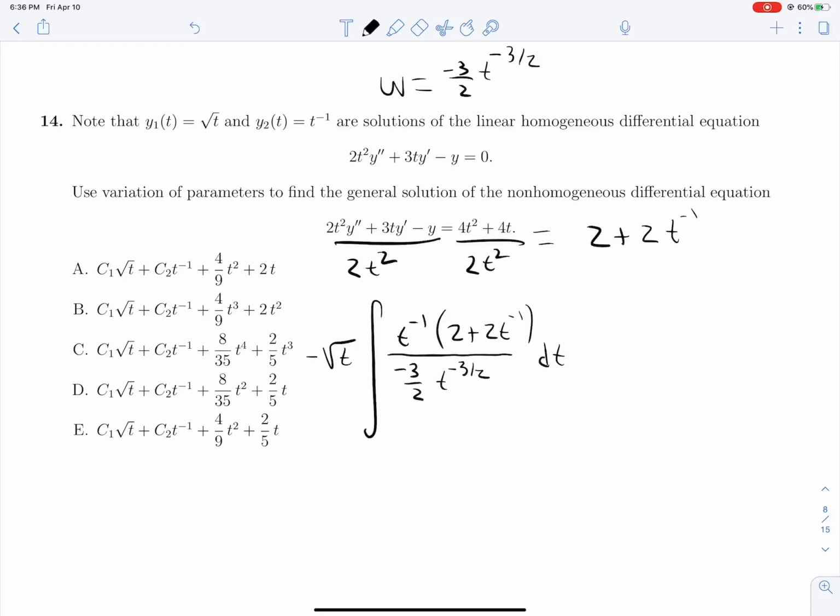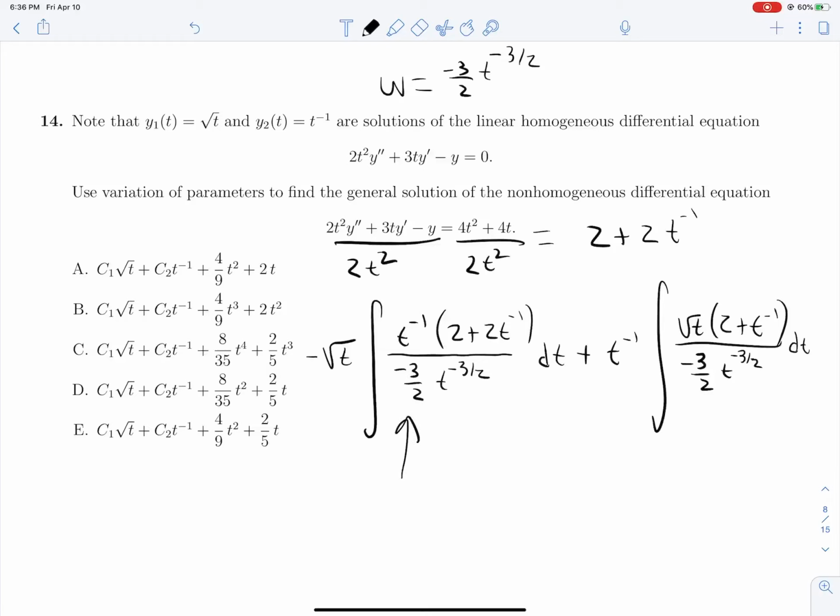And our second portion of the solution will be plus t to the -1 times the integral over -3 over 2t to the -3 over 2 dt, and then root t times 2 plus t to the -1. Okay, so we are ready to start solving things.